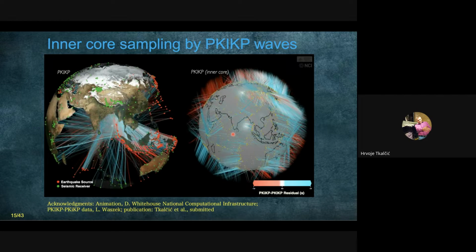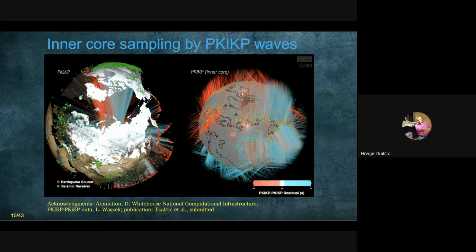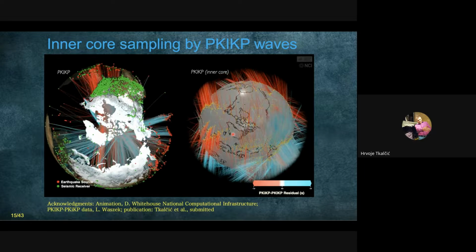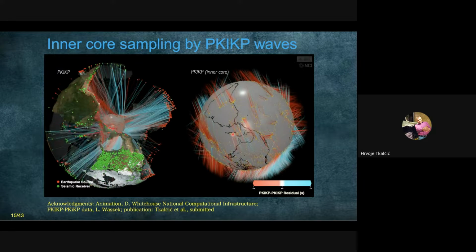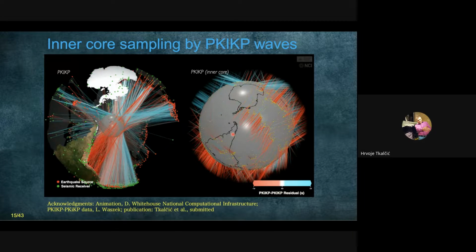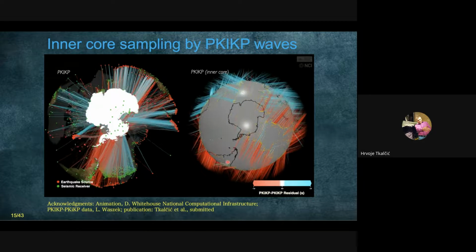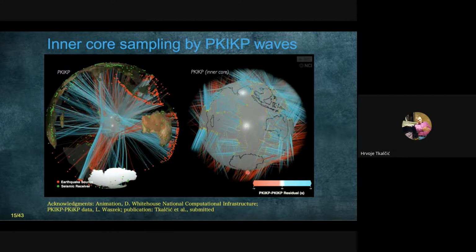And you can see how, in the high frequency approximation, with the existing configuration of sources and receivers, what type of coverage we achieve of the inner core. So you can see in the north, we have pretty good coverage, but in the south, we have large gaps, especially in the Southern Ocean and in the Southern Hemisphere in particular.